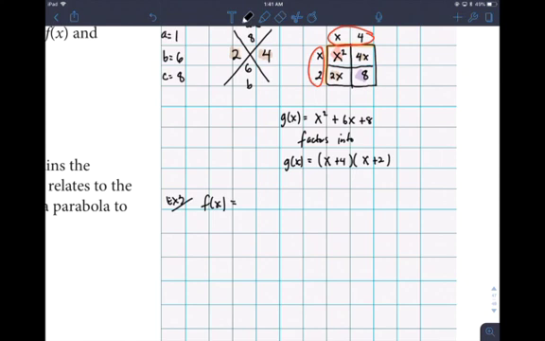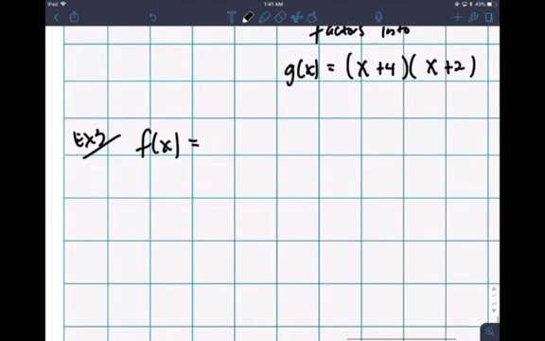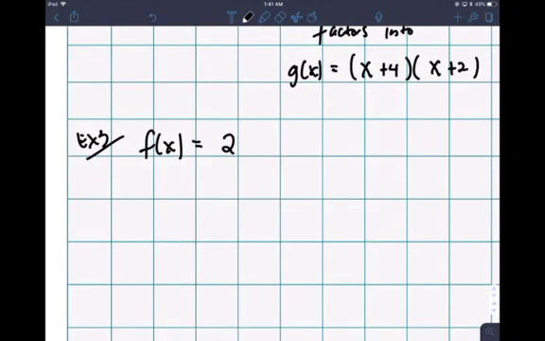So f of x is equal to 2x squared plus 3x plus 1.